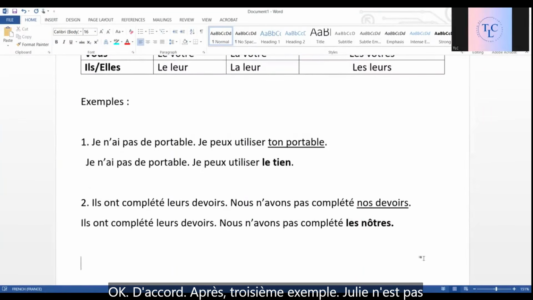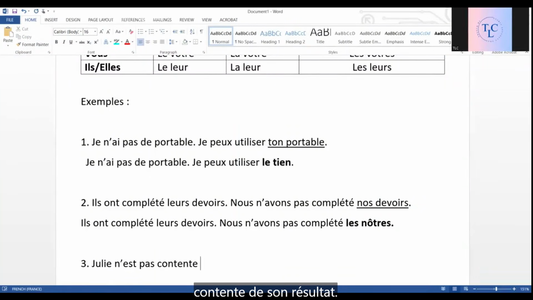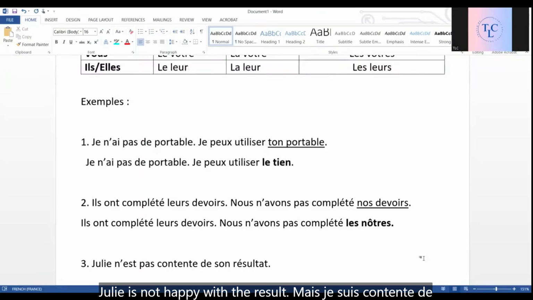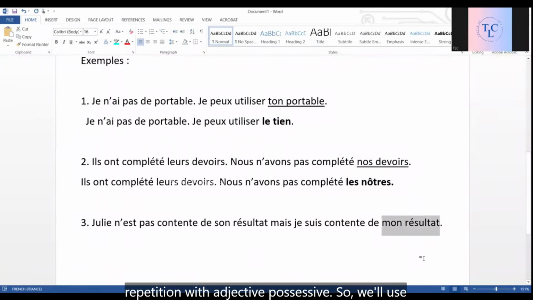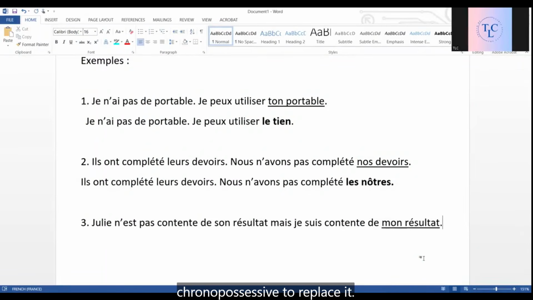D'accord. Après, troisième exemple. Julie n'est pas contente de son résultat. Julie is not happy with her result. Mais je suis contente de mon résultat. But I'm happy with my result. So again, a repetition with an adjective possessive. So we'll use pronom possessif to replace it.